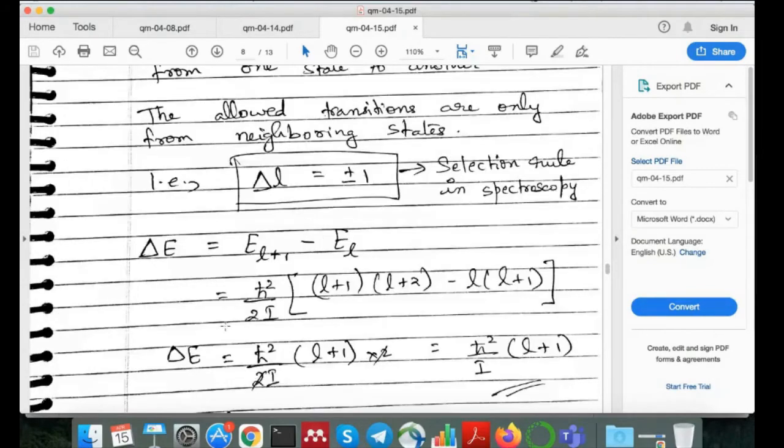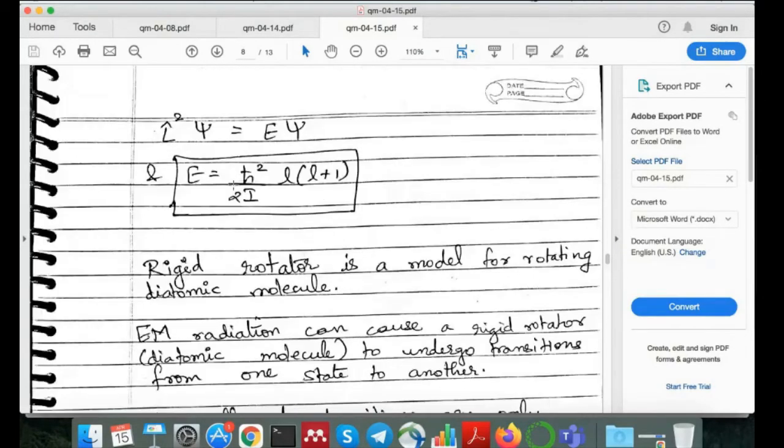All right, so what is delta E, the energy of the transition? How much is the energy changing due to the transition? That is your delta E, and delta E is E of L plus 1 minus E of L. You can just substitute this in the formula, which is H cross square by 2I into L plus 1.